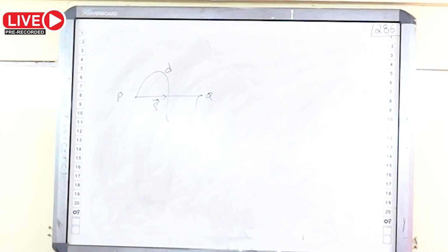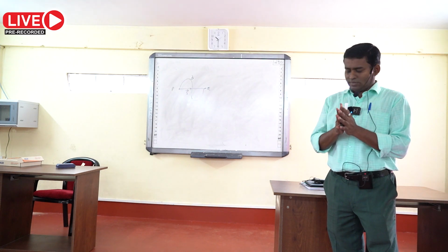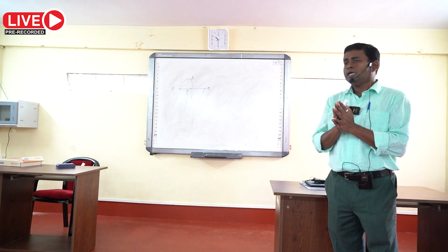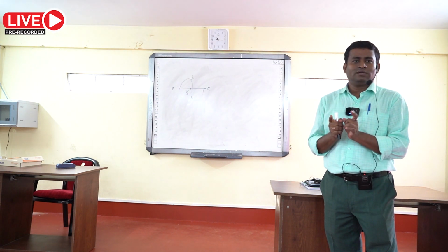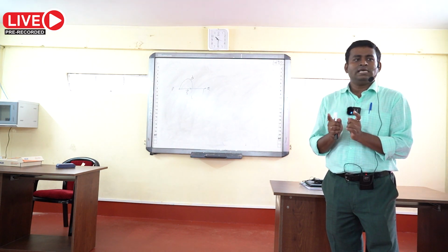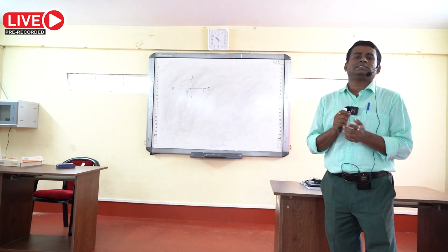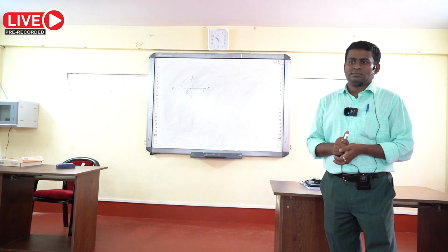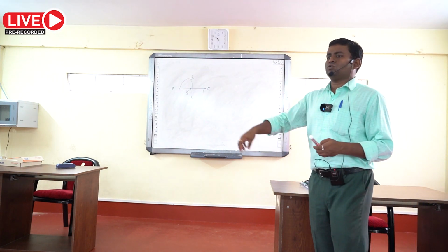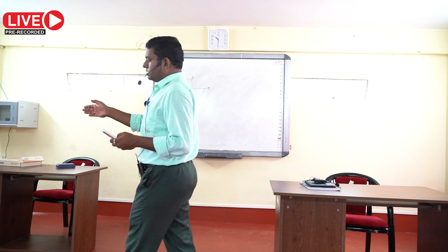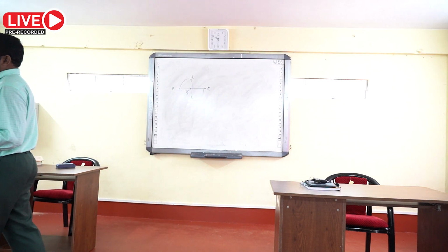Now, tell me one question: in which type of motion is the magnitude of displacement greater than the distance traveled? In which type of motion? There are many types of motion: motion along a straight line, motion along a circle, oscillatory motion, all this periodic motion.